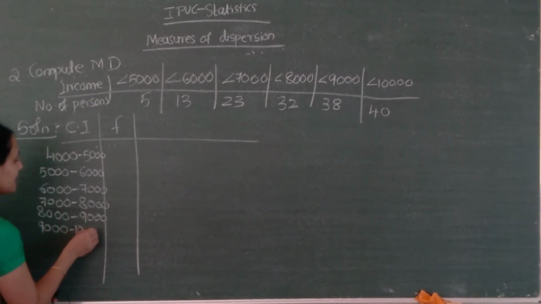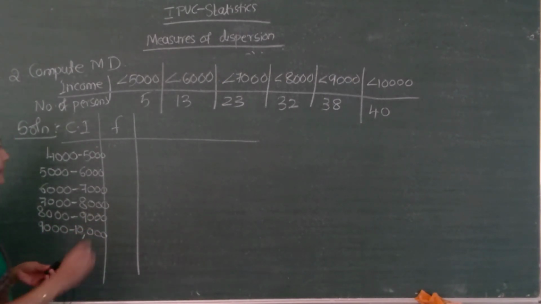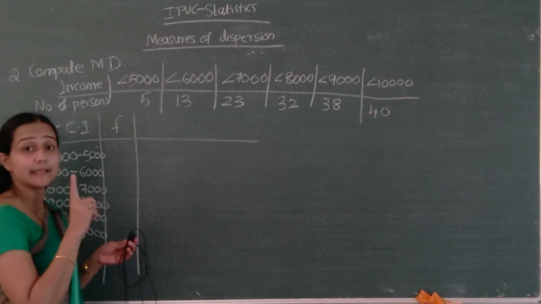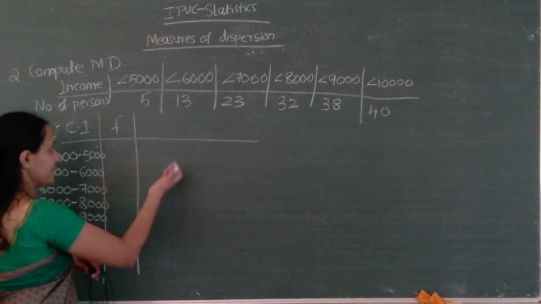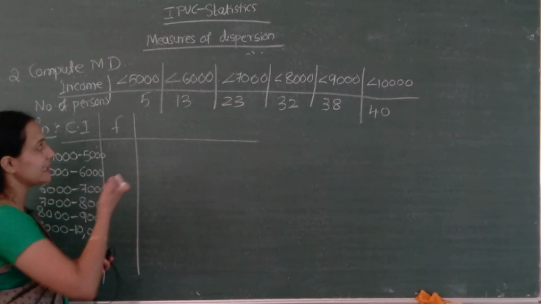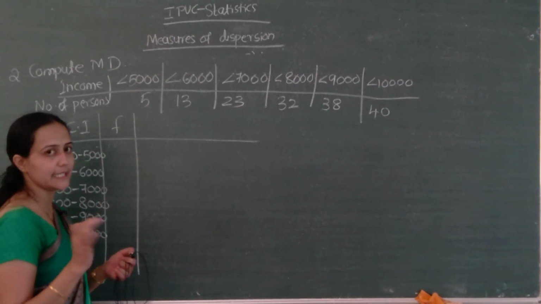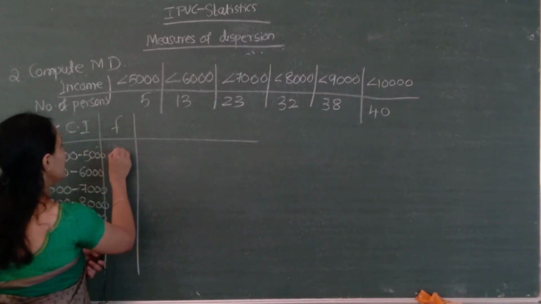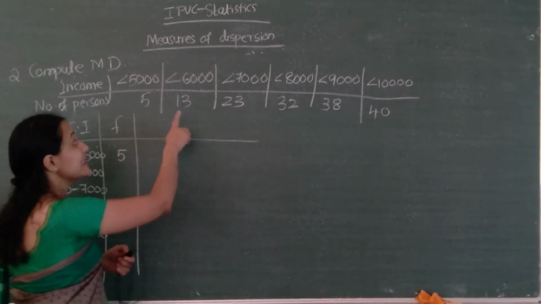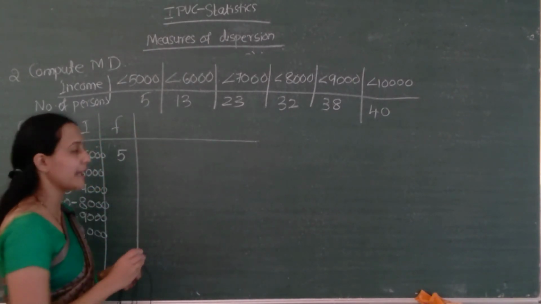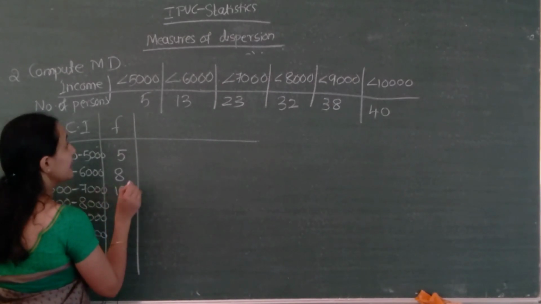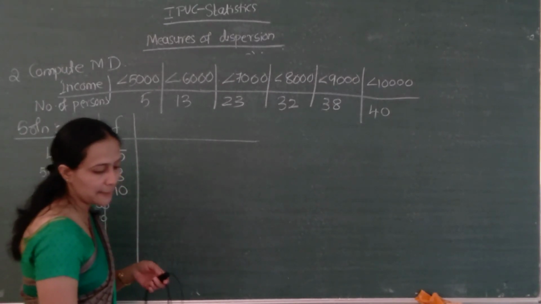There 10,000 is coming as an upper limit. Clear? These are not frequencies. Again I am repeating, these are less than cumulative frequencies. For finding the median, less than cumulative frequencies are required. First frequency will be the same, 5 itself. Next frequency 13 minus 5, that is 8. 23 minus 13, 10. 32 minus 23, 9.